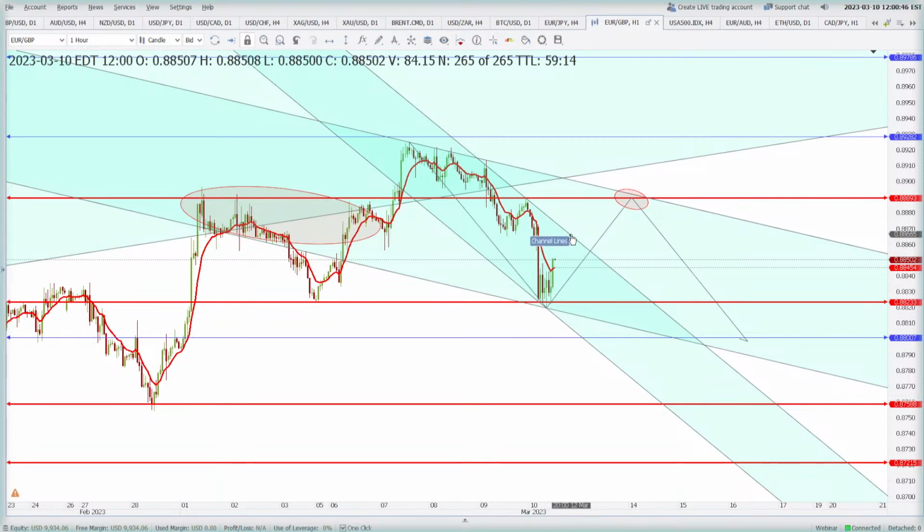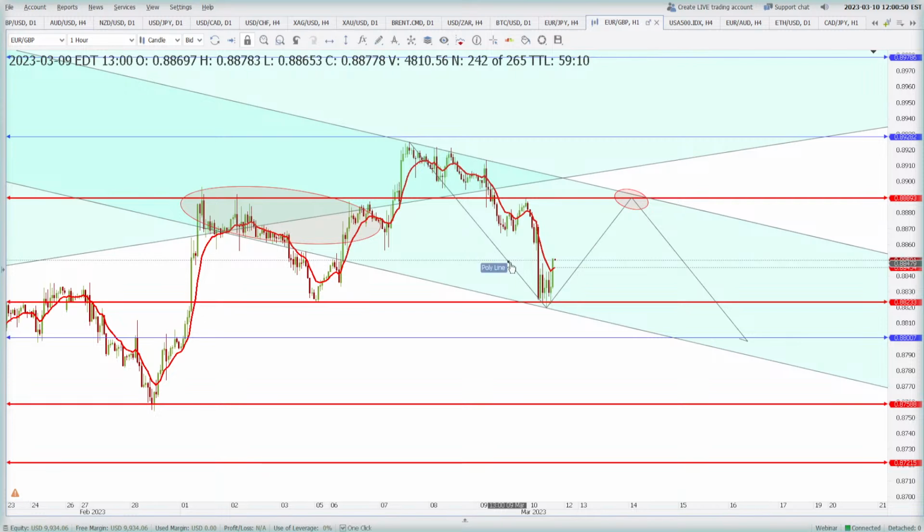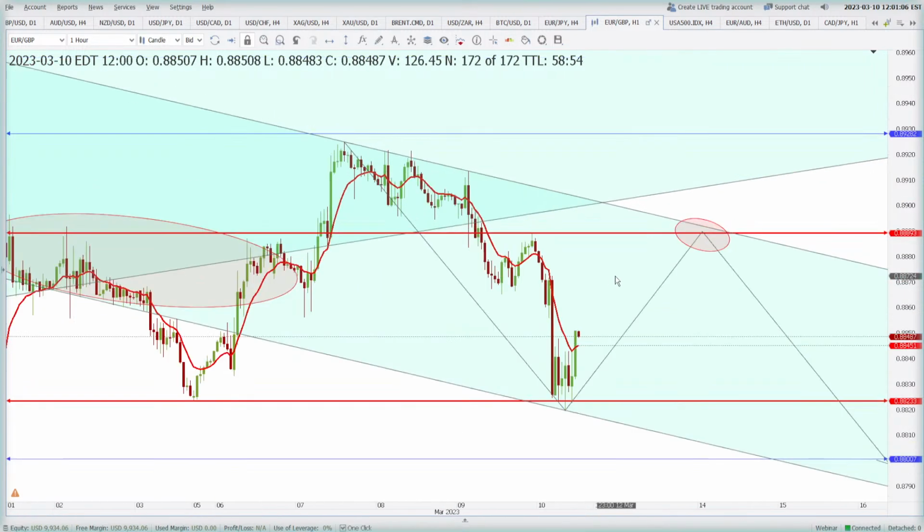If it continues, it can continue all the way up to 0.8889. Yes, you are right, but it will come down to 0.8827. Okay, 8827. Where is 8827?